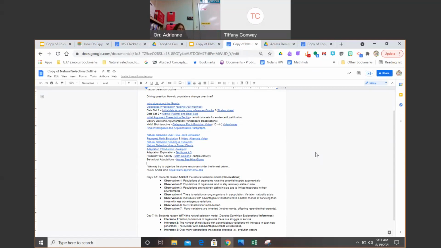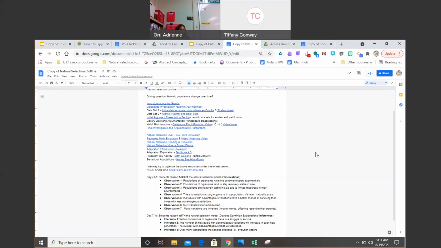It's a game where everybody stands up in the back of the room and you've got 12 scenarios that can happen that would affect either a bird with a big beak or small beak, or if they eat seeds or everything else. If they survive, they take a step forward. If they don't, they stay put. And the kids can see how population sizes change and how different traits are shown more in some populations than others over time.